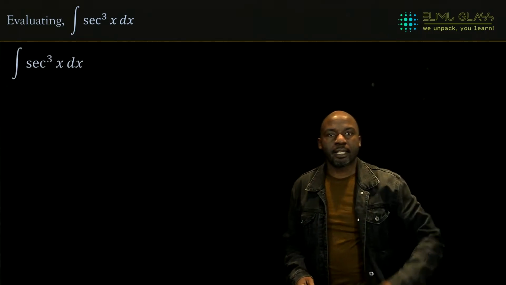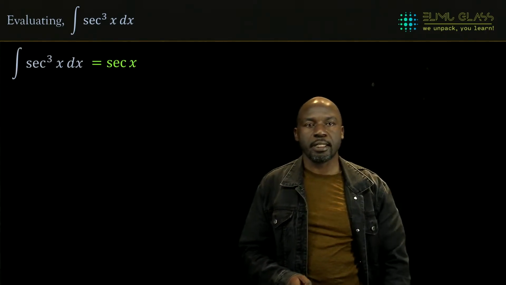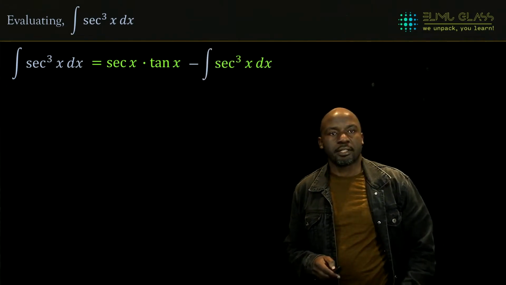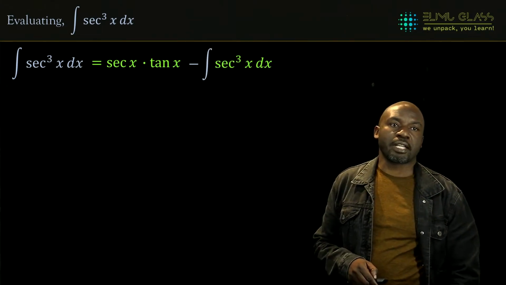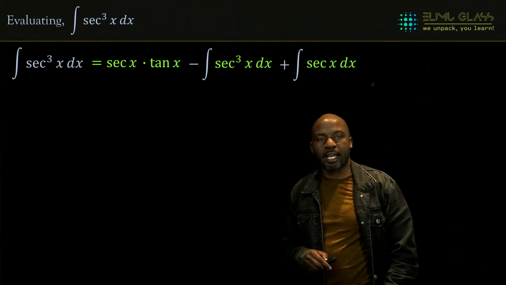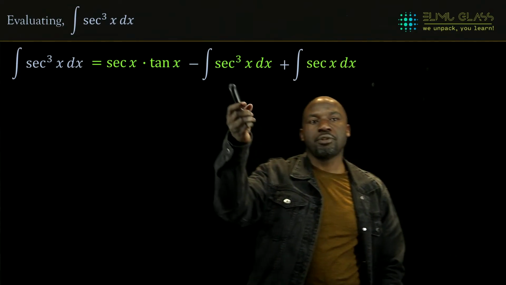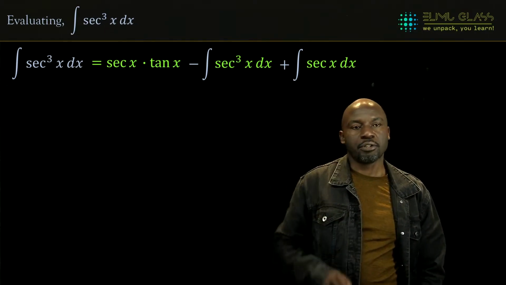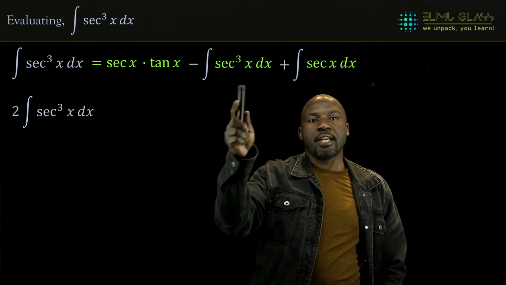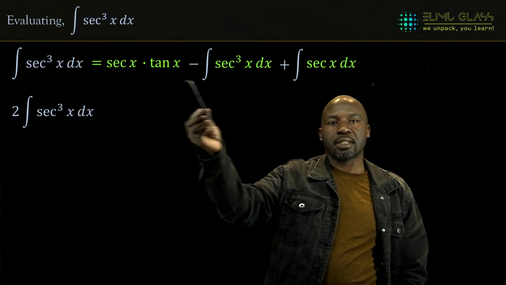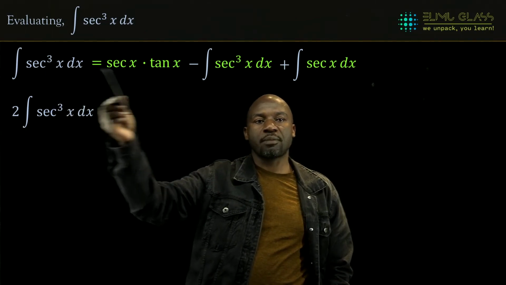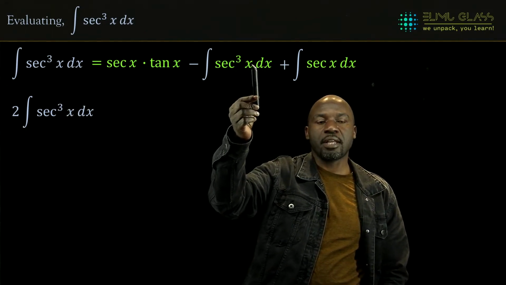All right, so next is just to write it down neatly now. So we've shown that this is that minus the integral of sec cubed of x plus the integral of sec x dx. All right, so what we need to do now is solve these two. Now, we can see it looks like this is going to be some kind of circular argument, because we are trying to integrate sec cubed of x, but then sec cubed of x appears here as well.